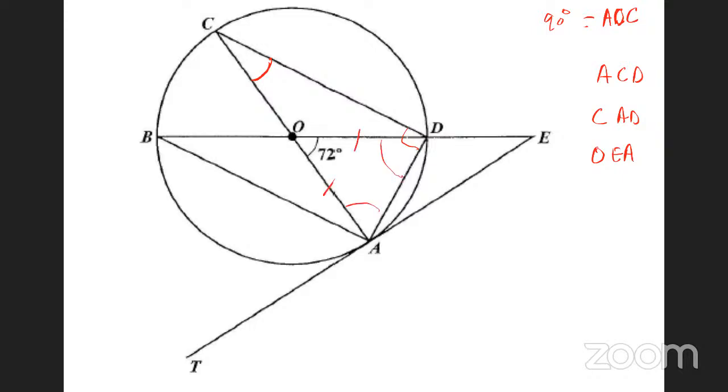If O is 72, the angle at A is what? The angle at A is 180 minus 72 divided by 2. It's isosceles, right? So how much is that? That's 108, like 54. So here is 54, here is 54. Can we use that to now figure out here?